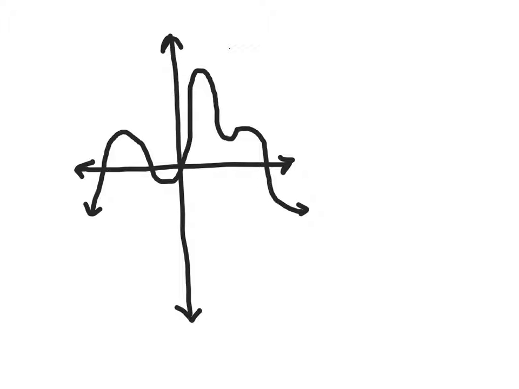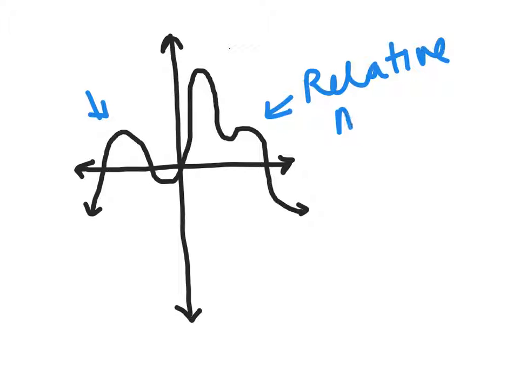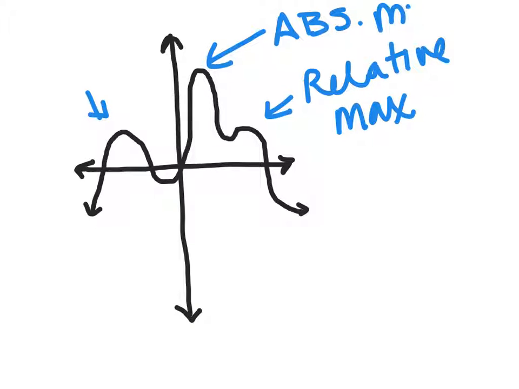If you had a graph that looked like this, you would have multiple mins and maxes. So we would call these lower ones a relative max, and the biggest max would be an absolute max.